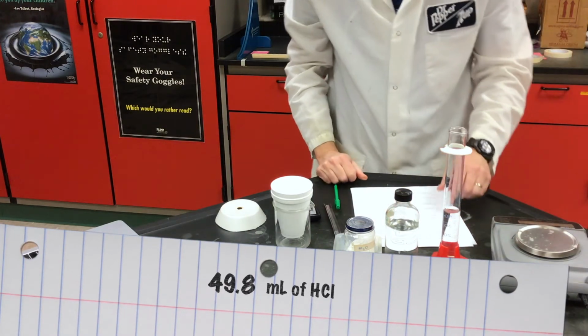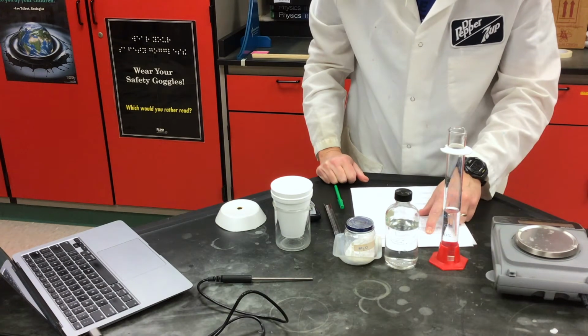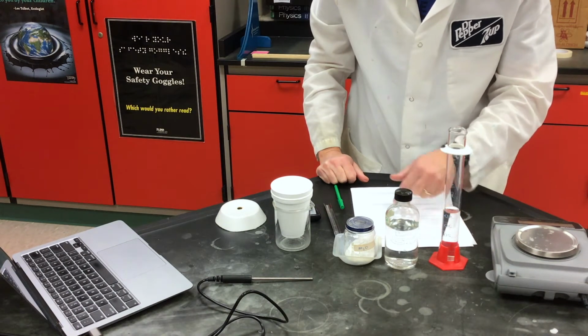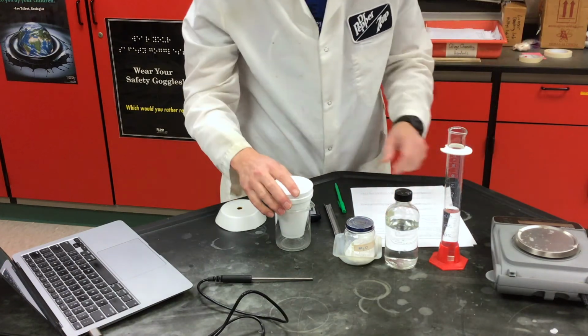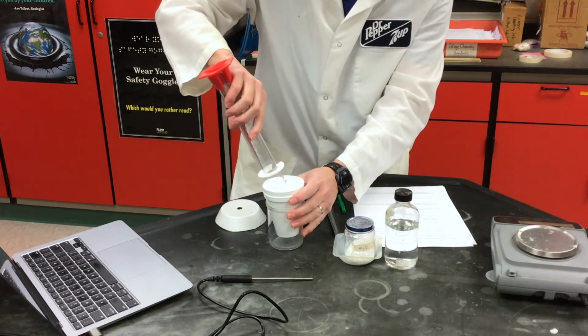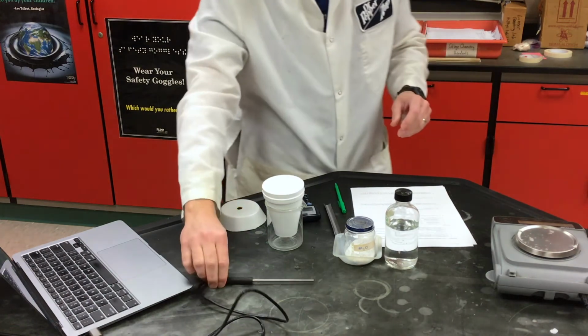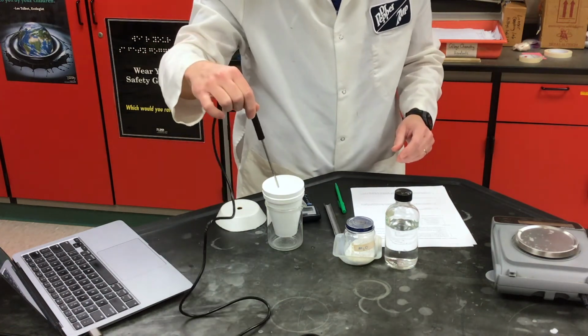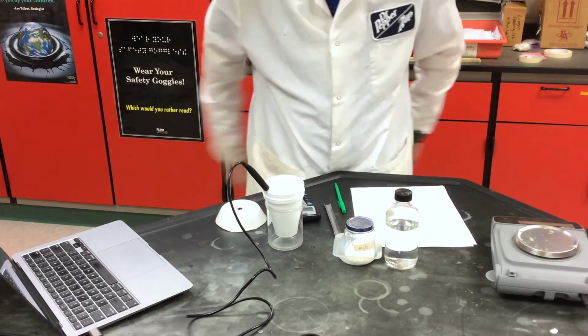So we're going to record 49.8 milliliters. And then it says measure 0.35. Oh, before I do that, I do need to measure the temperature of the solution like it says. So I'm going to take my 49.8 milliliters and put it in my calorimeter. I've got my temperature probe set up with Logger Pro, and I'm going to put my thermometer down in there.